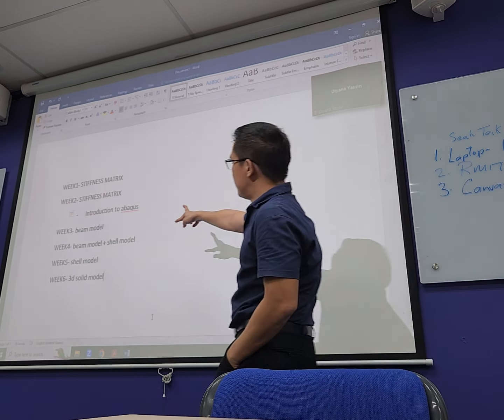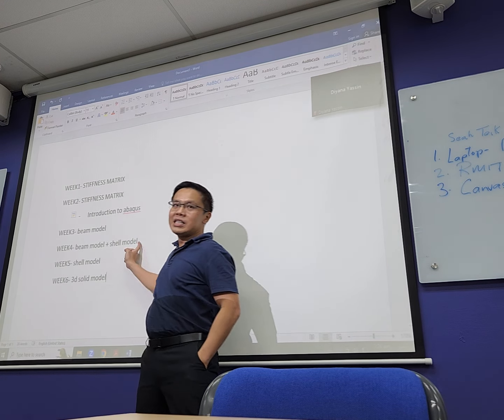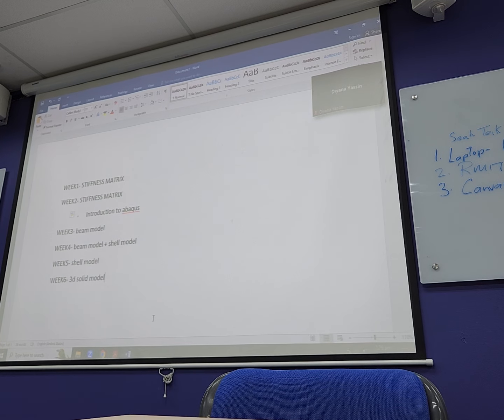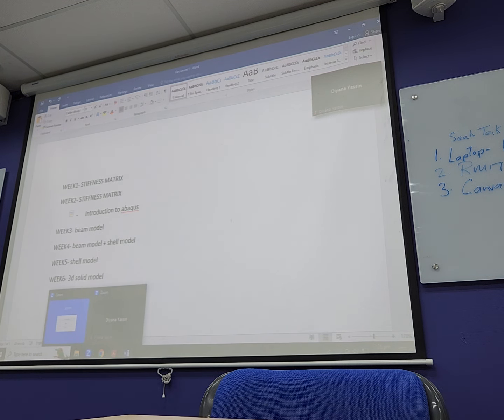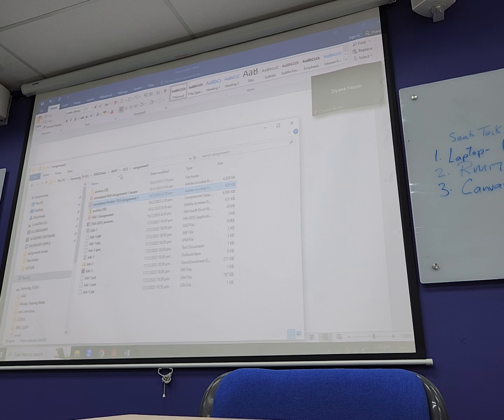And assignment 3 is on the plate, shell and solid model. I'm going to show you the beam model first. But this year, what is different? This year, the beam, shell and solid are all rolled into one model on its own. But, like I said, more challenging, so I hope you can appreciate where I'm coming from.